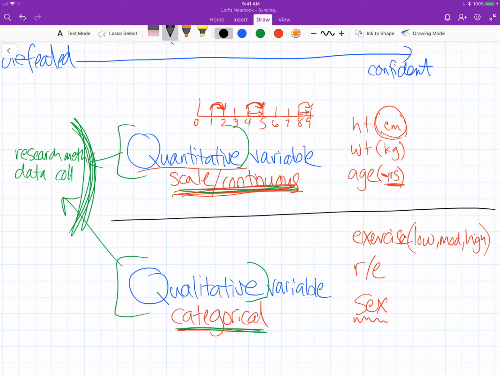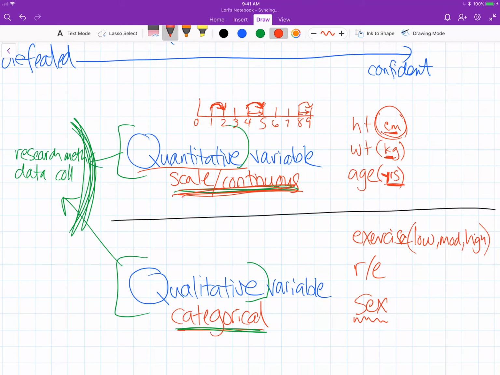Now there are a few exceptions to that, and you'll find those out as we go along. But for the vast majority of quantitative, scale, continuous variables, there are units next to whatever the number is.